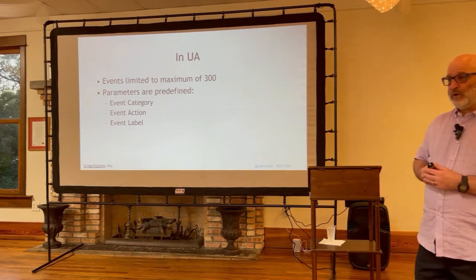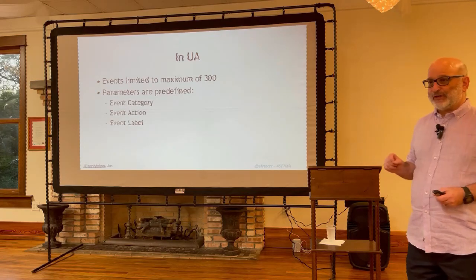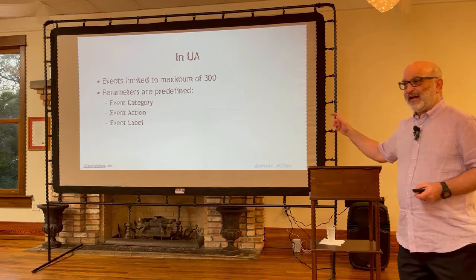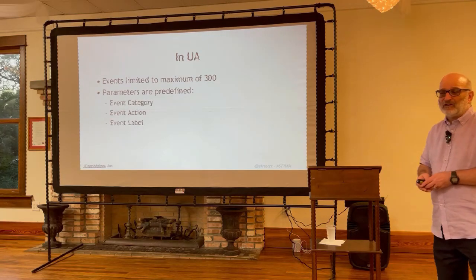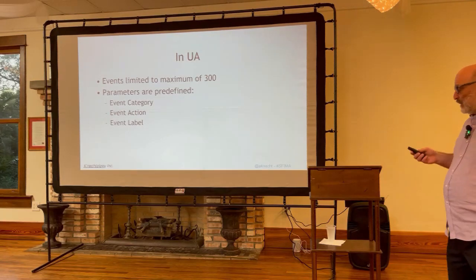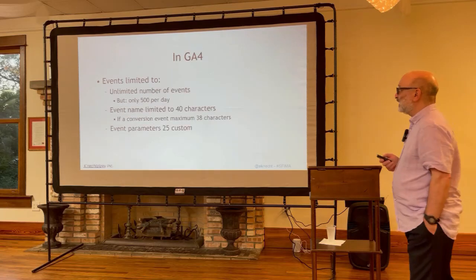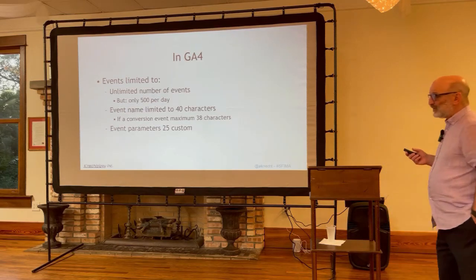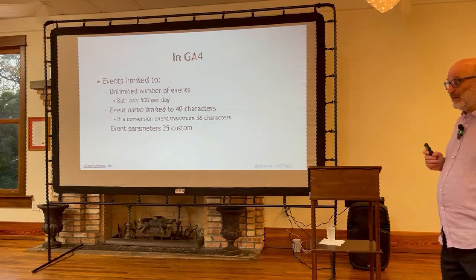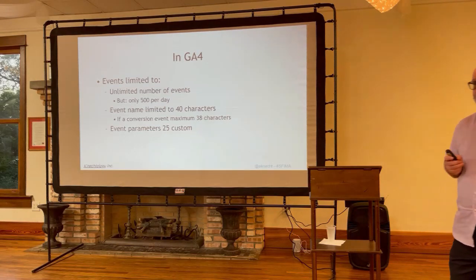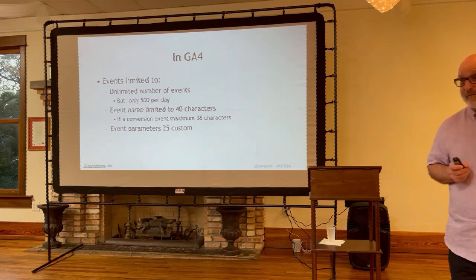So not just what category is, lead generation. I could have a parameter of what the source was, all sorts of parameters on there. So I had only these 3. In GA4, there are unlimited number of events that you can create. They do have one limitation, is that you can only report on 500 per day, the top 500.